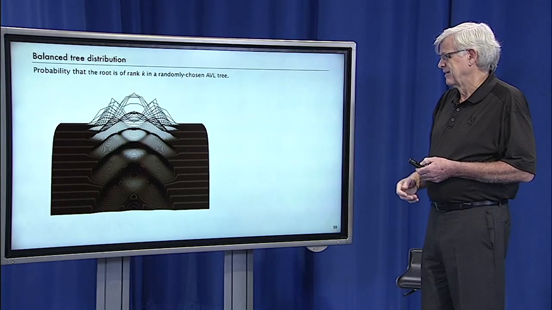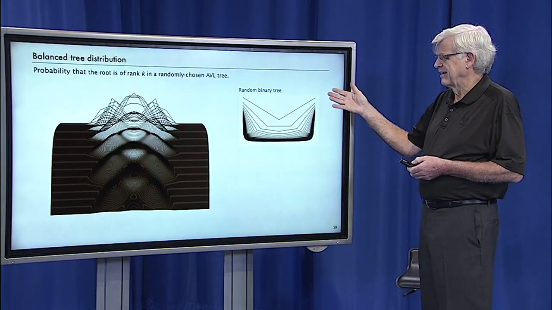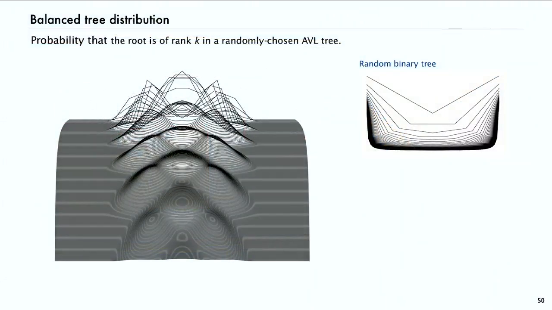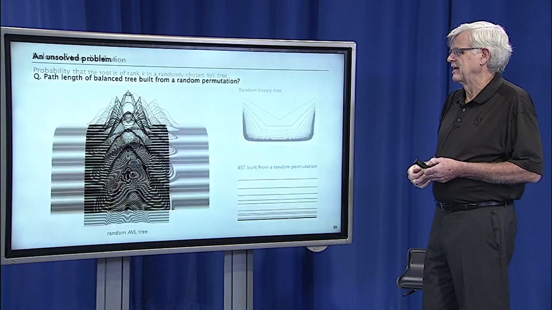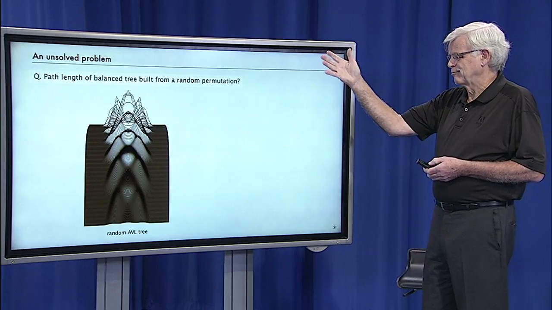So there's that one. And that's good because remember, for random binary trees, we had the Catalan distribution where it was not balanced at all. It was more likely to be unbalanced. And for random permutations, it's just flat. So this looks good because at least it's trying to make the root at the middle. But still our challenge is to analytically characterize that, and that's an unsolved problem.